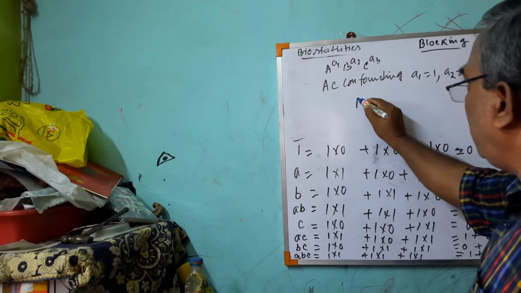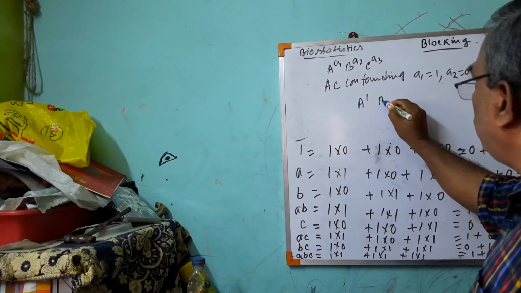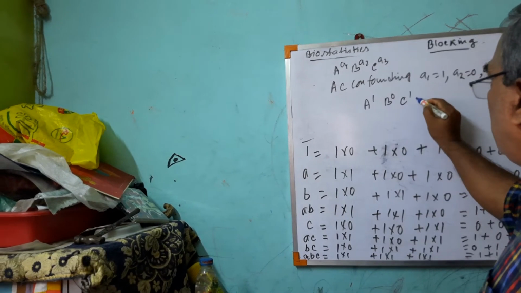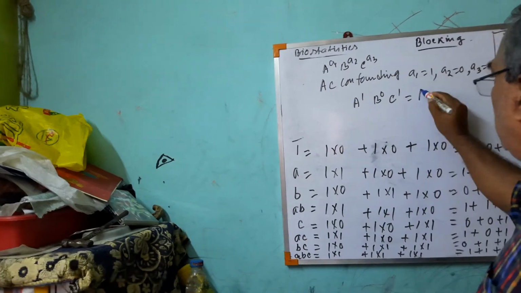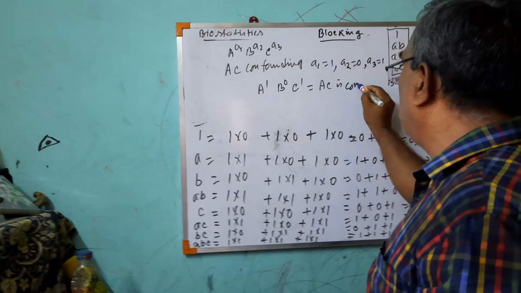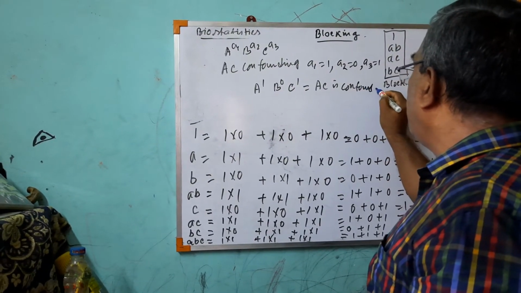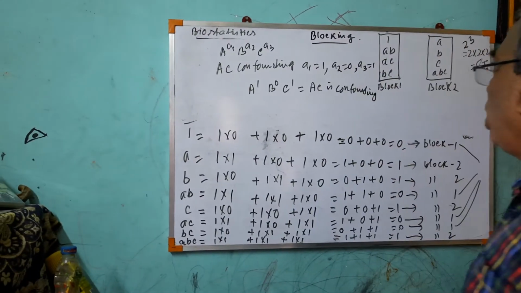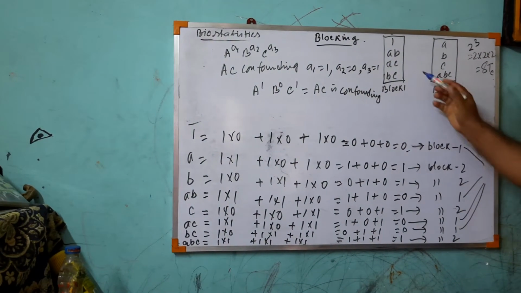Then A to the power 1, B to the power 0, C to the power 1. That is AC is confounded. In that case, the block arrangement will be different.